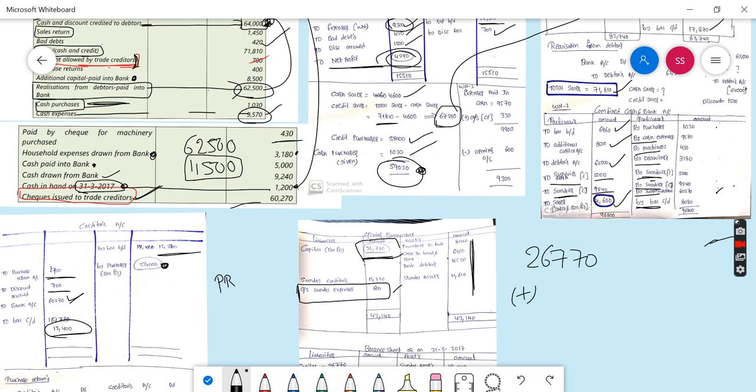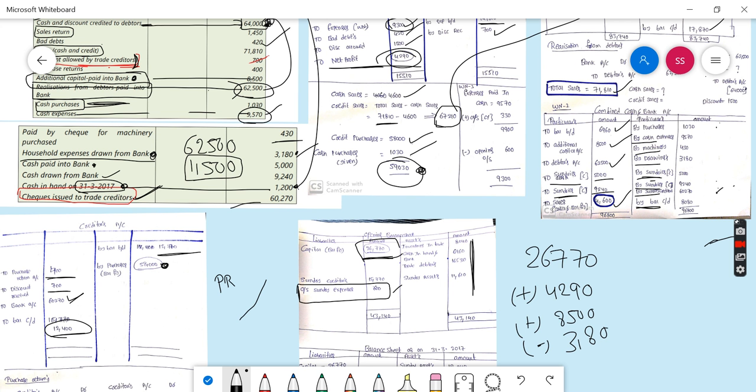Net profit is 4,290, and then here they mention that additional capital paid into the bank 8,500. So we will add that also, 8,500. But they have withdrawn something, household expenses drawn from the bank, which is 3,180. So that we will deduct, and then the final figure will be shown in the closing balance sheet as closing capital.